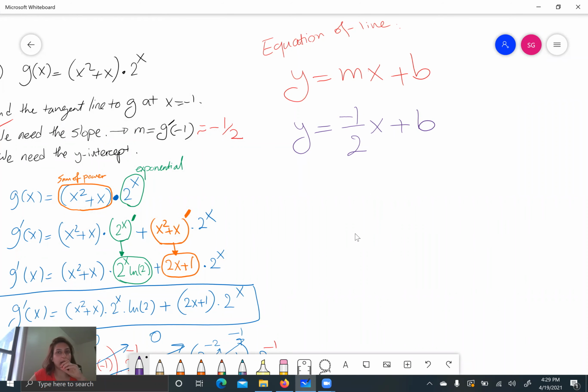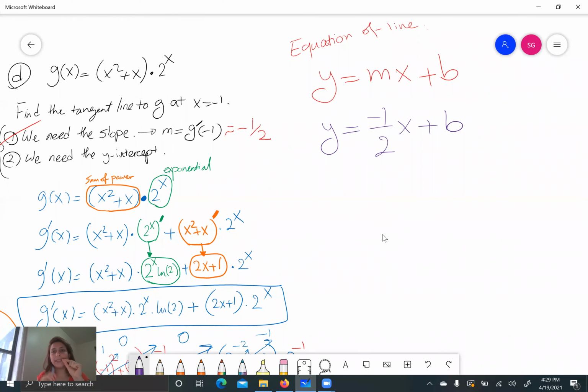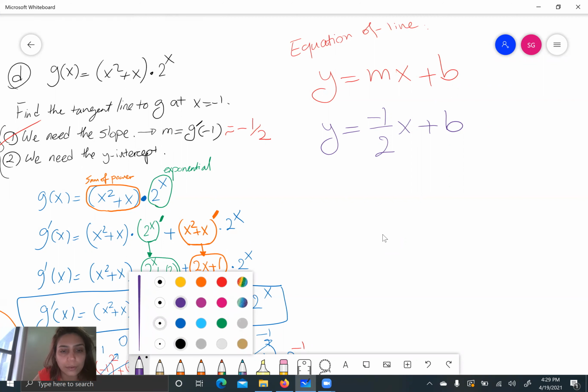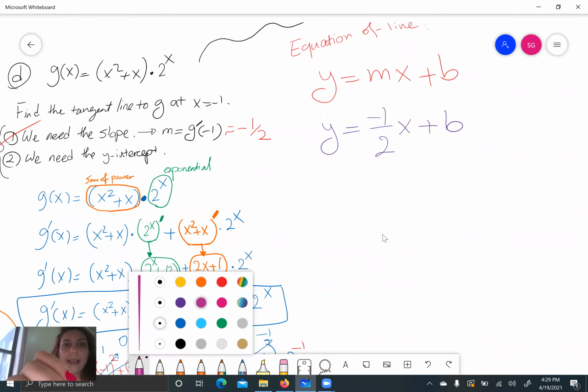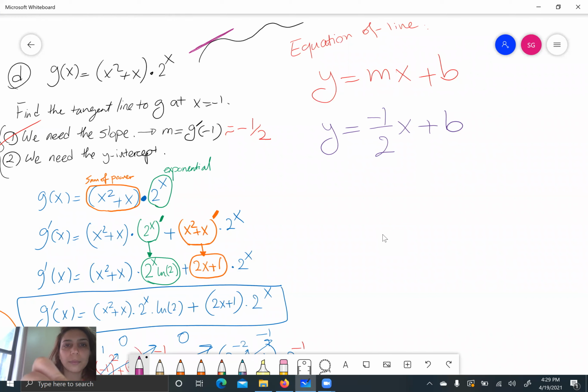Again, recall that when we are looking for the y-intercept, it's enough if we just have one point of this line, and then we can substitute the coordinates of that point into the equation and solve it for b. Because this is a tangent line, graphically, suppose this is the graph of the function, and suppose this is the tangent line. At this point, let's say this is negative 1, for example.